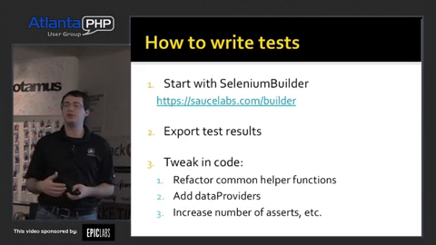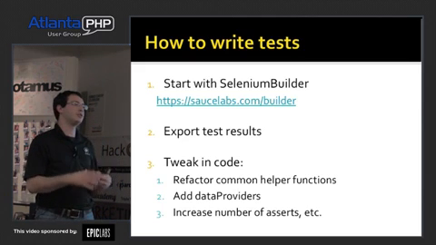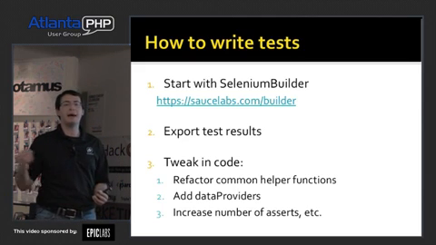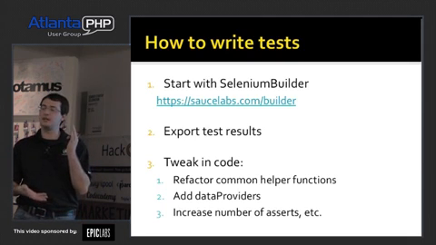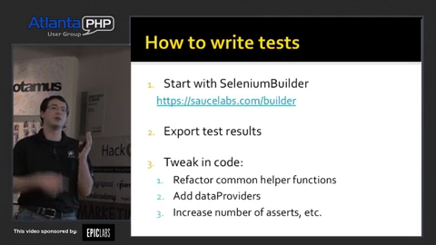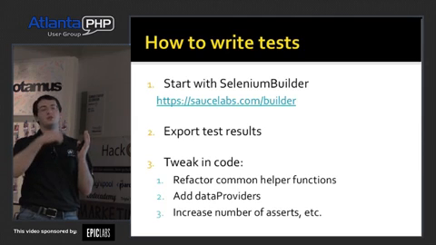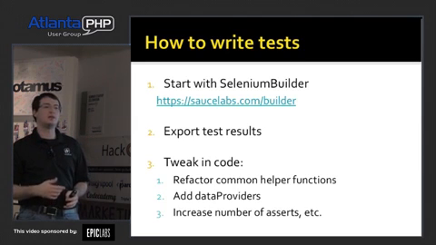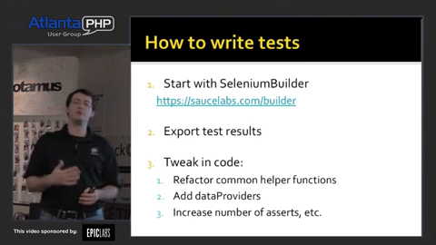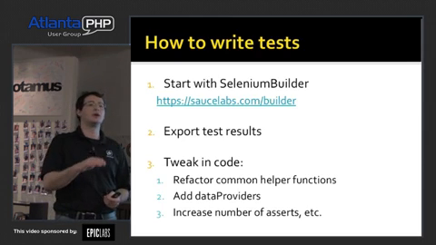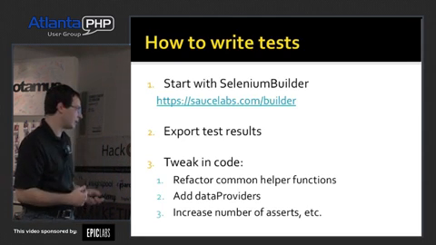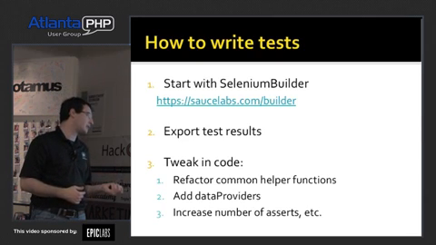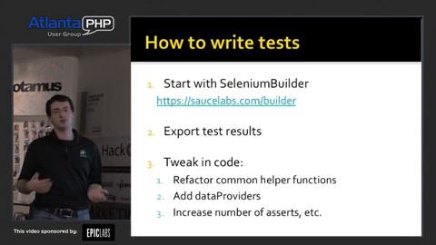Again, data providers is a concept that allows you to write one test case, pass in an array of different variables to test with, and it's going to run through your test function once for each. So let's say we wanted to try logging in as 3 or 4 different people. We'd give a list of all the user credentials in an array that would just loop through those one by one. Also, Selenium Test Builder is not going to give you a lot of assertions.